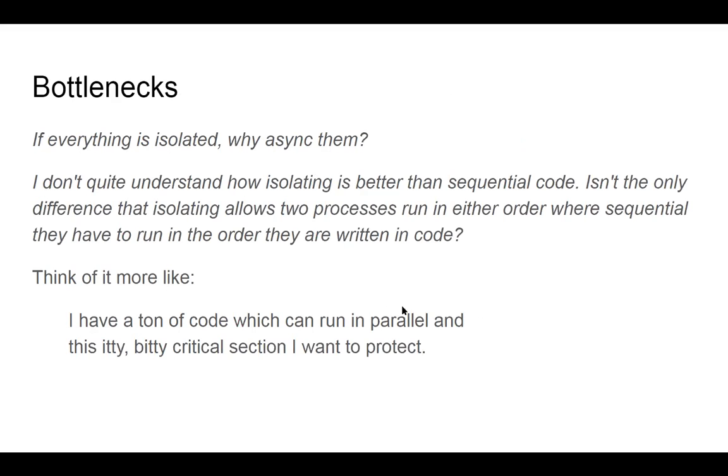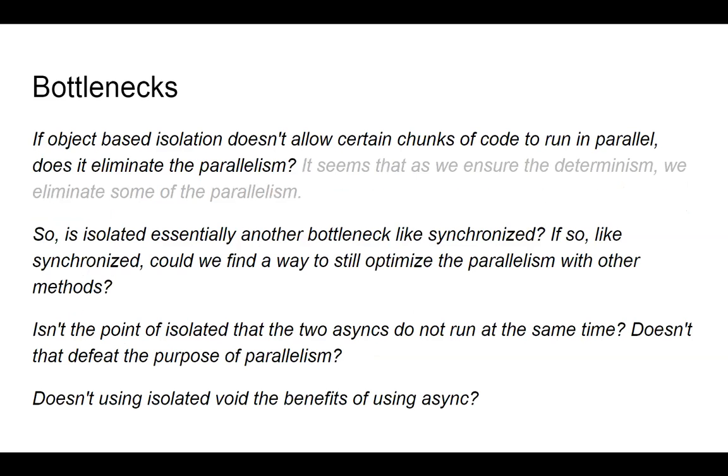Think about it like you've got a ton of code which can run in parallel, and then some very small critical section you want to protect. I'm going to sort this entire array, and then every now and then I'm going to add a task to some concurrent link queue. So it's a small window in which you've got to protect, and that's what it's for.